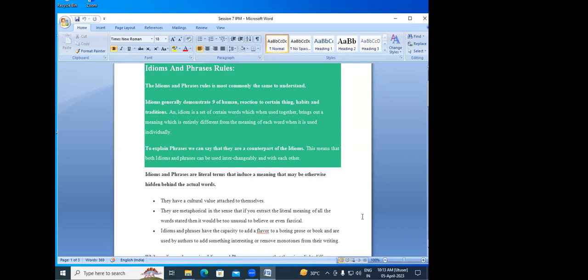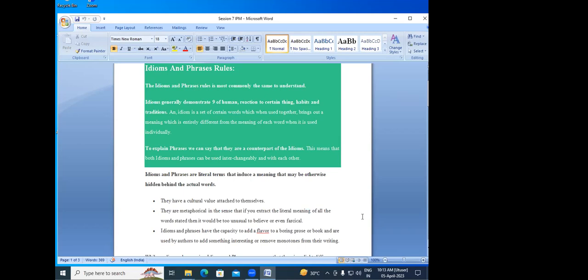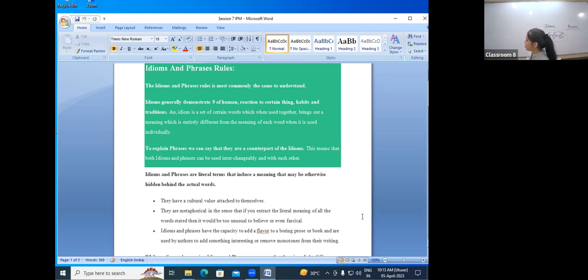Yes. Figurative means you don't actually say what you actually mean. Okay, you mean metaphorical. Rahul, Pahi, can you switch on your camera, please?